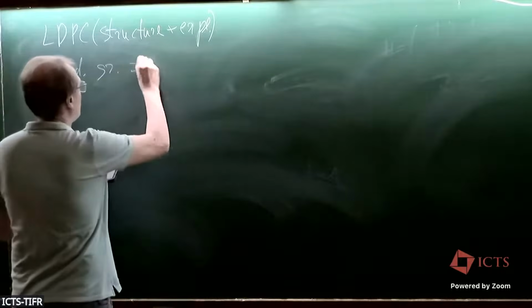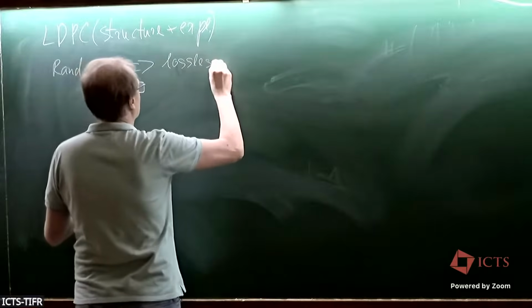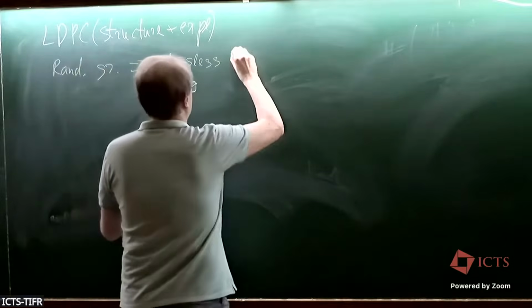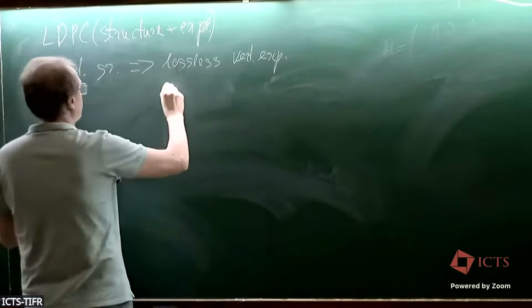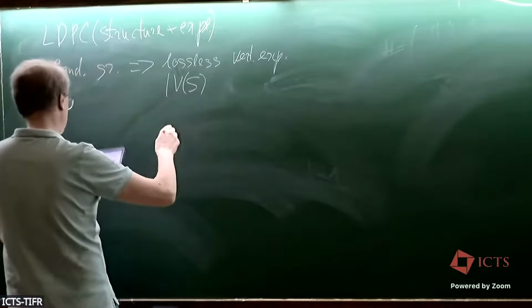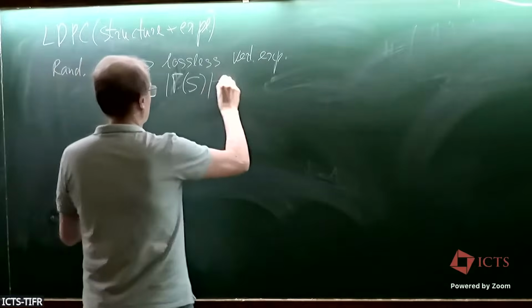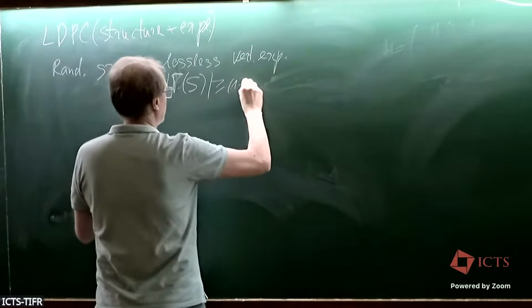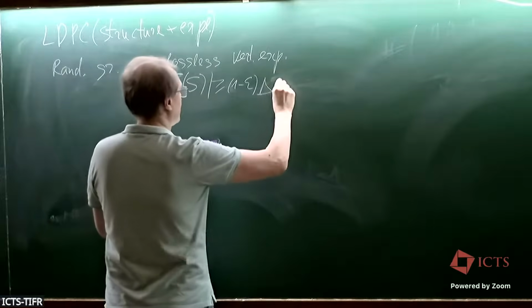As you know from the previous lectures, random regular graphs are good lossless vertex expanders, which means that the number of neighbors of a vertex set is almost as large as possible.